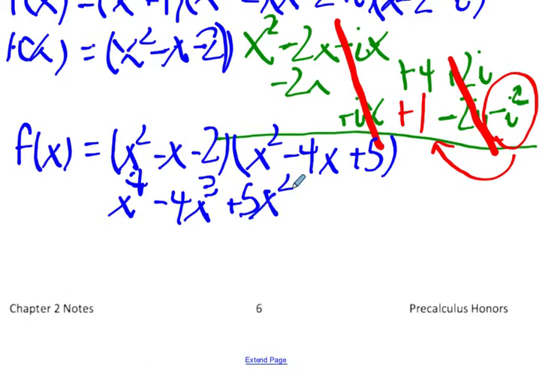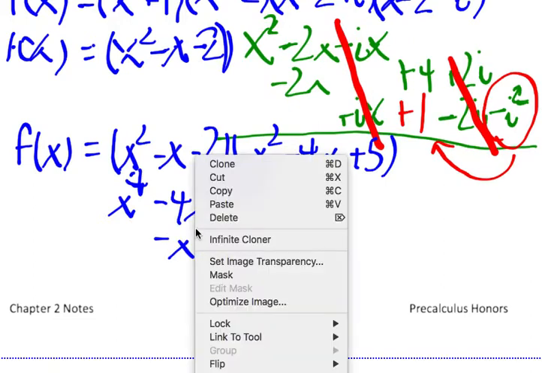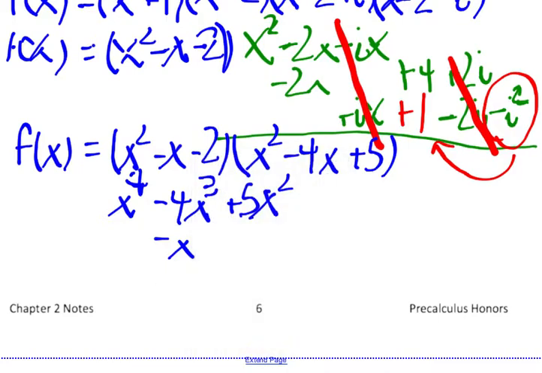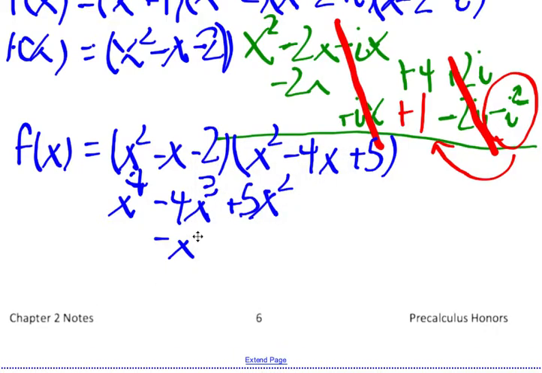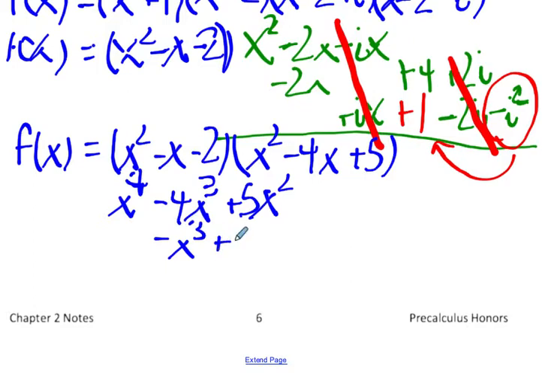So now I'm going to go back through with the negative x. So negative x times x squared is negative x cubed and then I have negative x times negative 4x would become positive 4x squared.